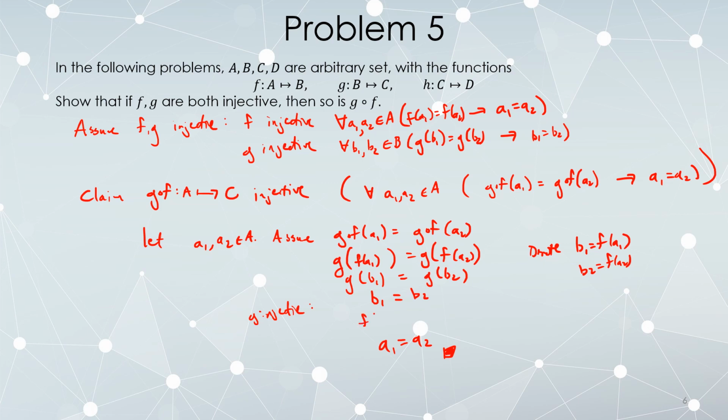In other words, f of A1 must equal f of A2, because remember, B1 was just the temporary name we gave to f of A1, and B2 was just the temporary name we gave to f of A2. But now, since f is injective, if f of A1 equals f of A2, I can immediately conclude that A1 equals A2. So, since f is injective, I can immediately conclude that A1 equals A2, and we already knew that was where the proof could end.